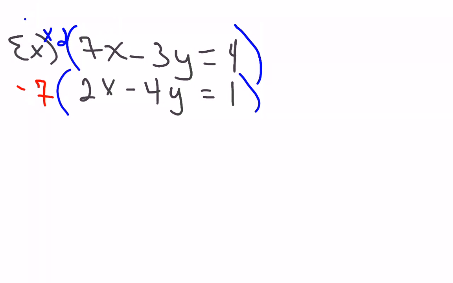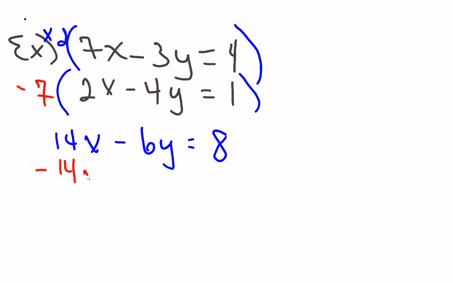So the top equation, if I multiply every term by 2, what do I get? I get 14x minus 6y equals 8. The second equation, when I multiply by negative 7, I get negative 14x plus 28y equals negative 7.